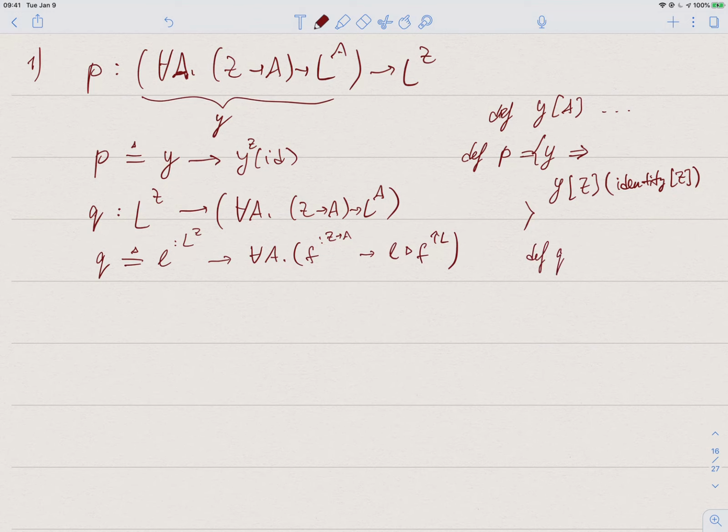So in Scala, I would write def Q equals L going to F going to L map F. Now this certainly will not compile necessarily unless you add some more stuff to this code, but I'll just leave it like this. In Scala 3, this kind of thing would be much easier.